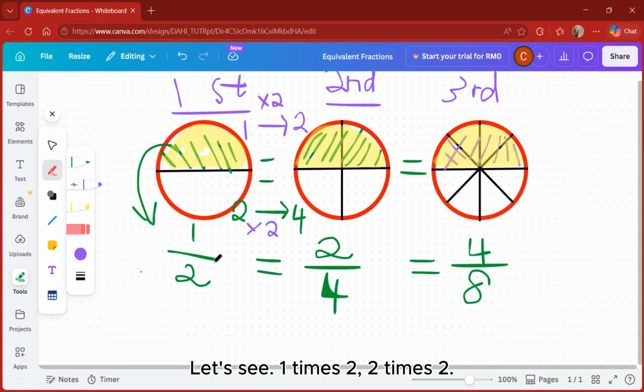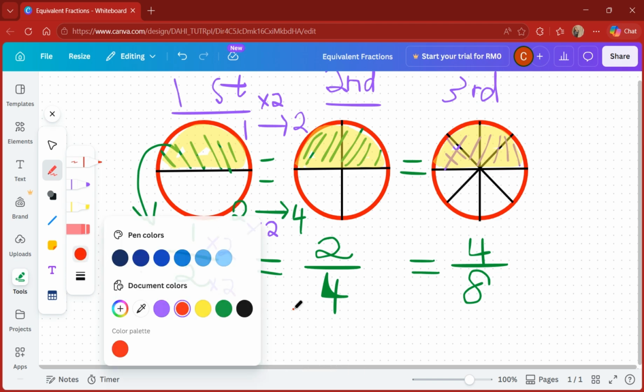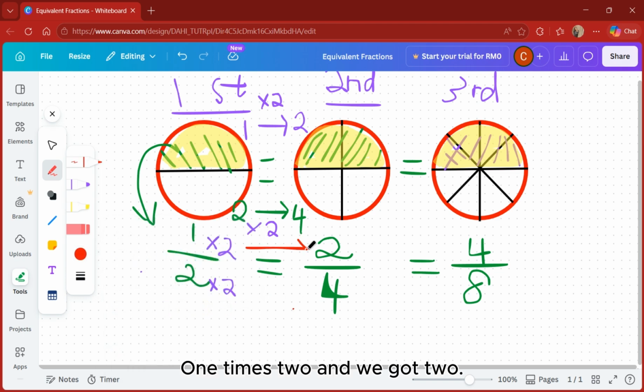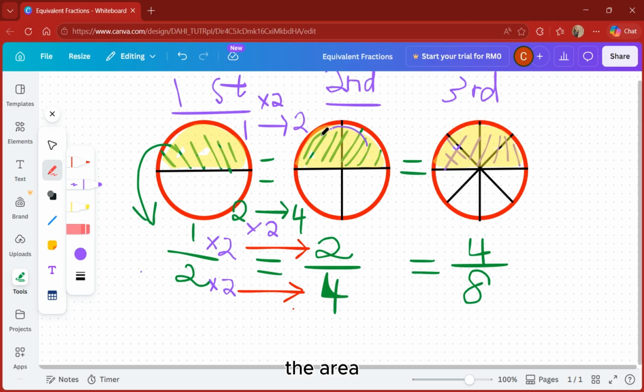Let's see. 1 times 2, 2 times 2. Yes, it's right. 1 times 2, we got 2. 2 times 2, we got 4. Now let's look at the graph. The yellow area of the second pizza originally has 2 pieces, right?